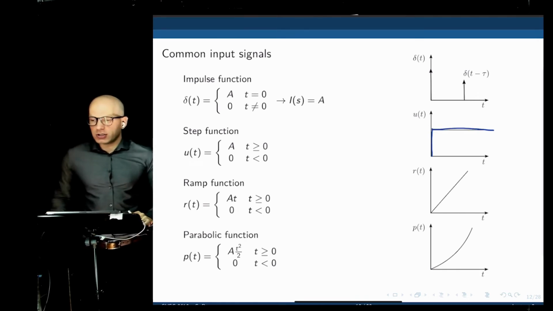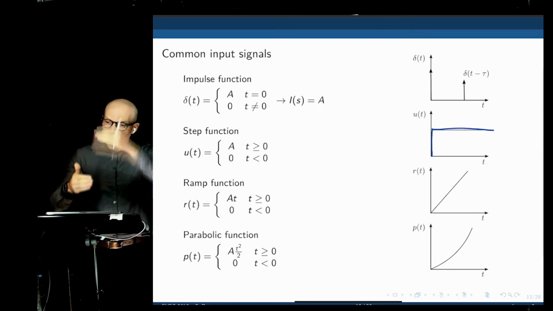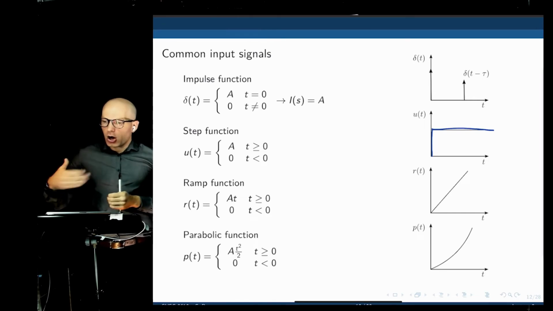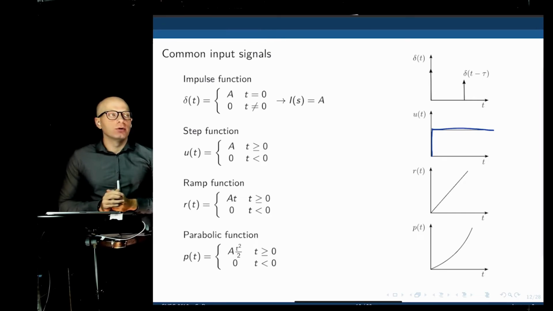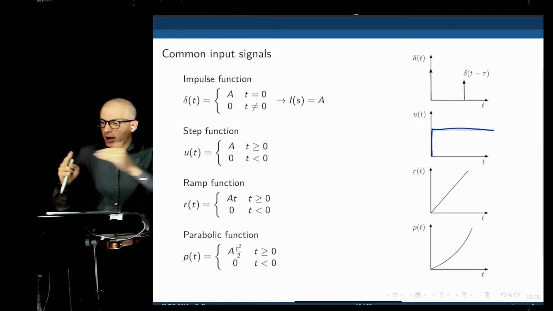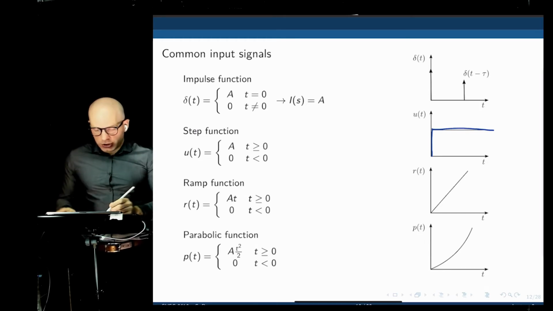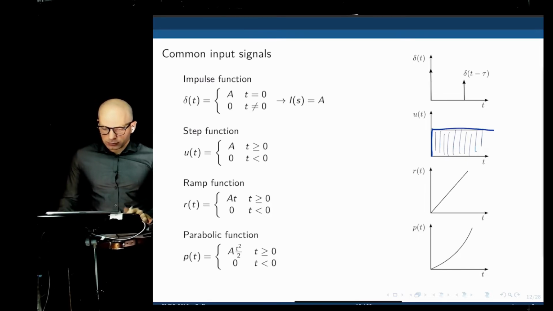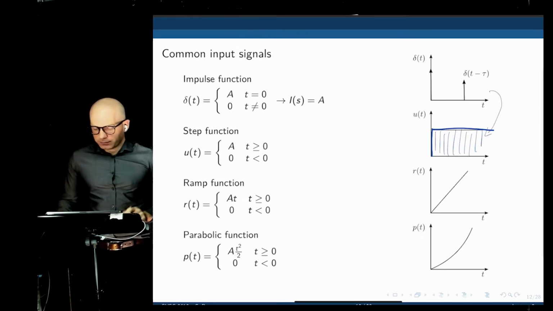A step function is something that at time 0 goes to a fixed value and stays at that value on and on. That could be, for example, when you apply a voltage to a circuit, we turn on a switch, and a voltage is applied and held at that value. That's a step function, which can again be a combination of several impulse functions.